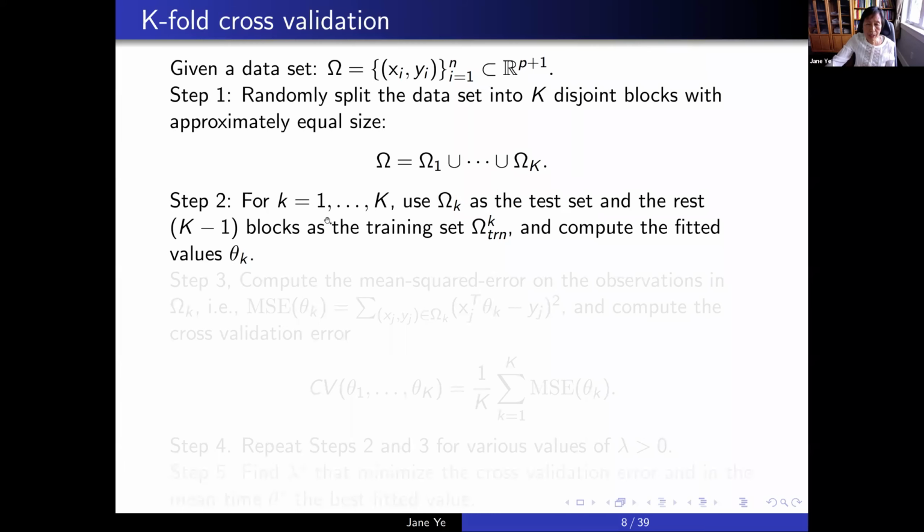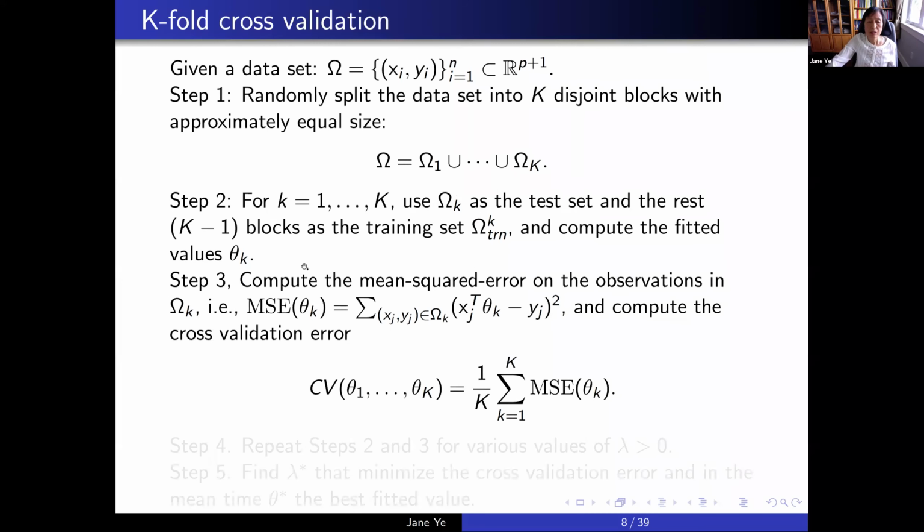For each k, we leave out one part, omega k, as a test set, and then use the remaining k minus 1 blocks as a training set, and compute the fitted value theta k.